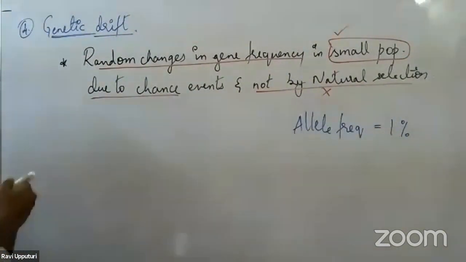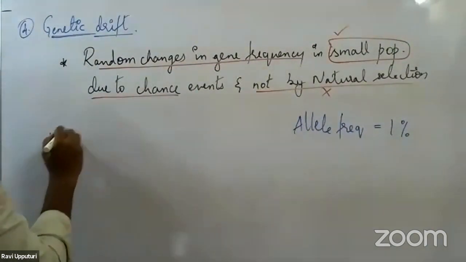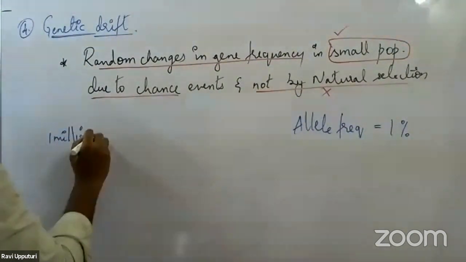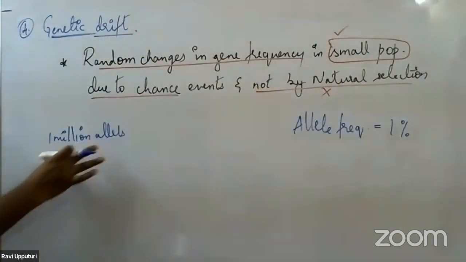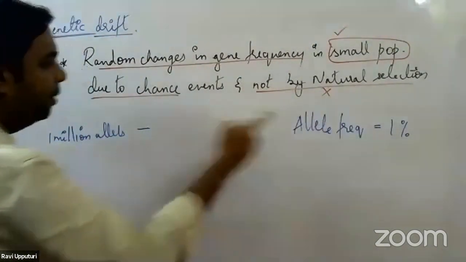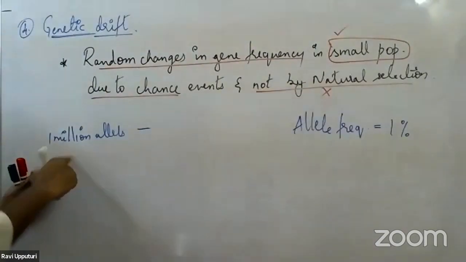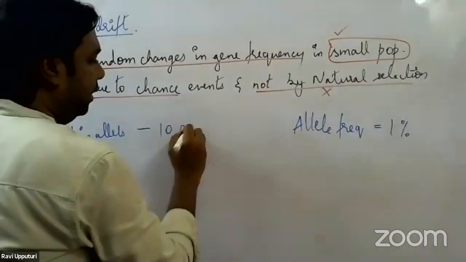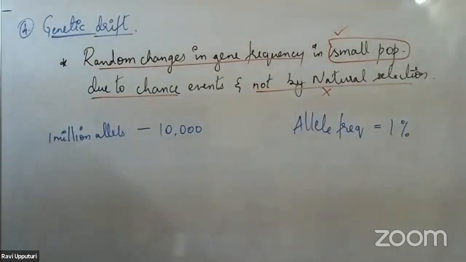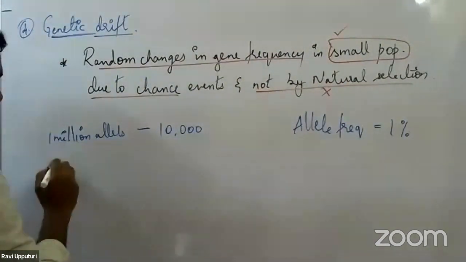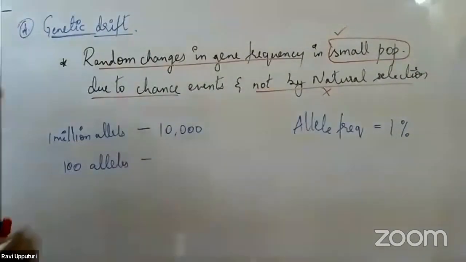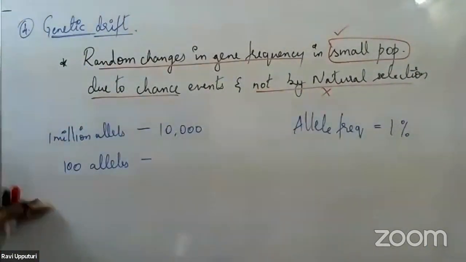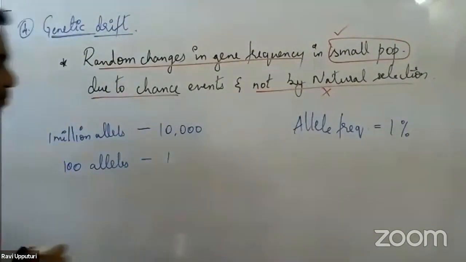The large population, say, has 1 million alleles. Now 1% of 1 million would be how much? It would be 10,000 alleles. Let us take a small population now. Say the small population has 100 alleles. So 1% of 100 would be 1.